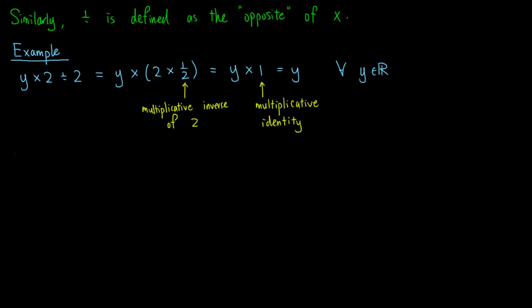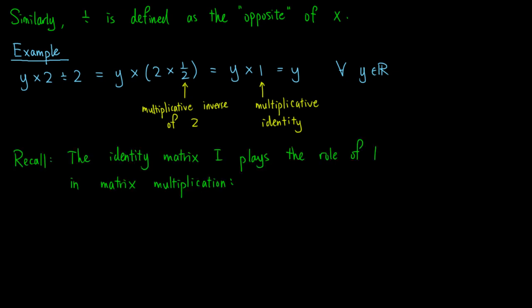So in the context of matrices, in order to define an inverse, or more accurately, a multiplicative inverse, we have to first find a multiplicative identity. And it happens that the identity matrix I, which we have introduced before, satisfies this condition. A times I equals I times A equals A for all matrices A. This means that no matter what matrix we multiply to I, we get back the original matrix.